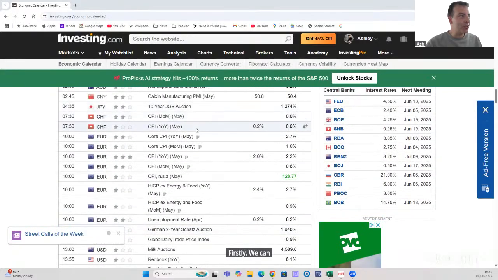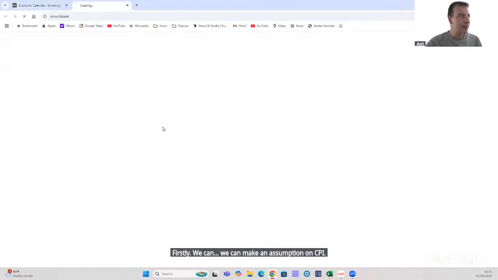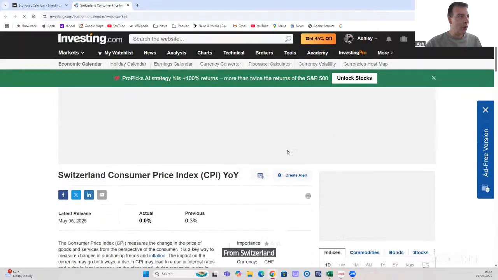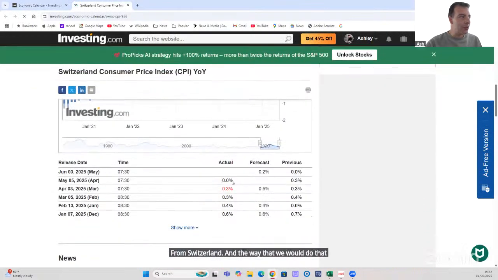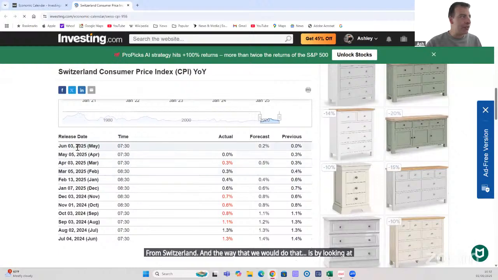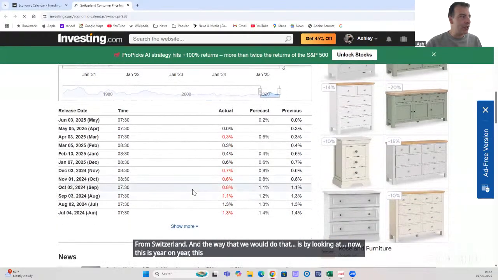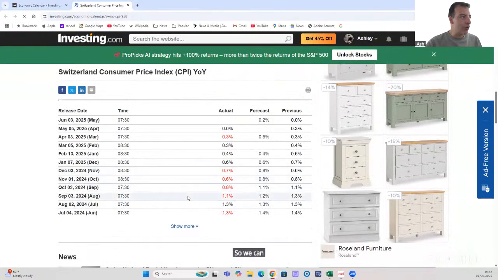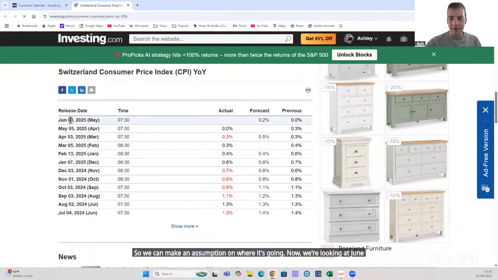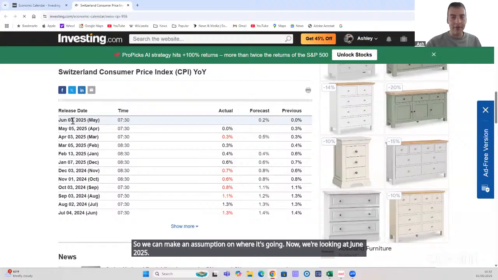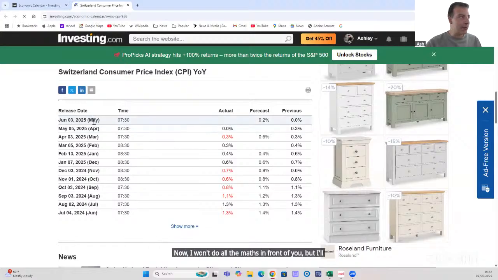we can make an assumption on CPI from Switzerland. And the way that we would do that is by looking at, now this is year on year, CPI year on year. So we can make an assumption on where it's going. Now we're looking at June 2025. I won't do all the maths in front of you, but I'll tell you how to do it.